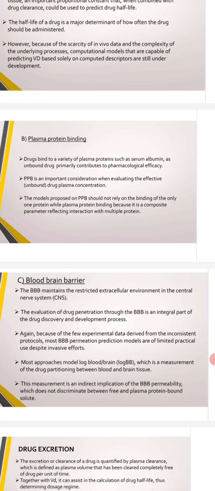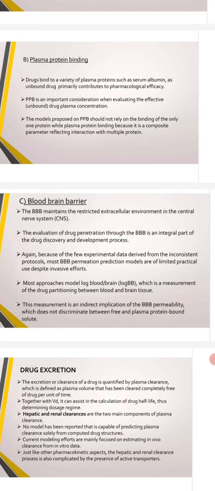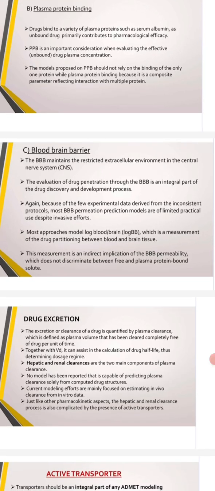Third one, blood-brain barrier. The BBB maintains a restricted extracellular environment in the central nervous system. The evaluation of drug penetration through the BBB is an integral part of the drug discovery and development process. Again, because of few experimental data derived from inconsistent protocols, most BBB permeation prediction models are of limited practical use despite intensive efforts.